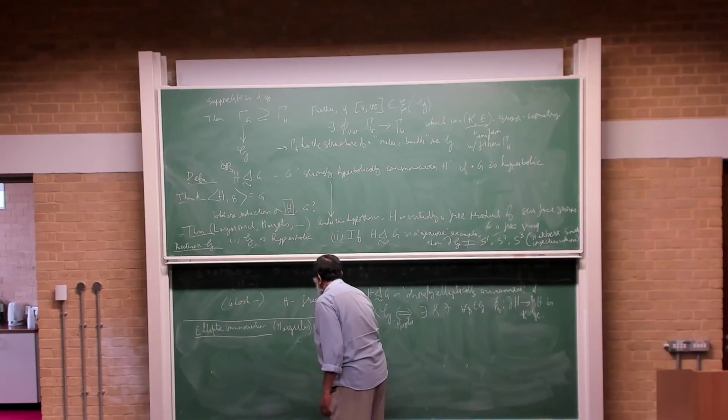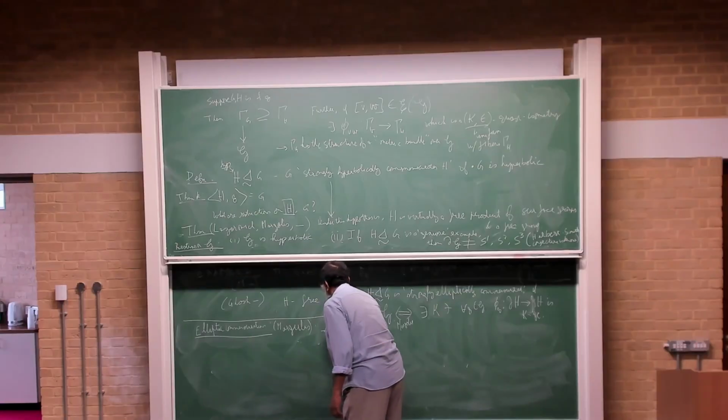What is the statement? That you have lambda contained in L, where this is a lattice and L is a simple Lie group.